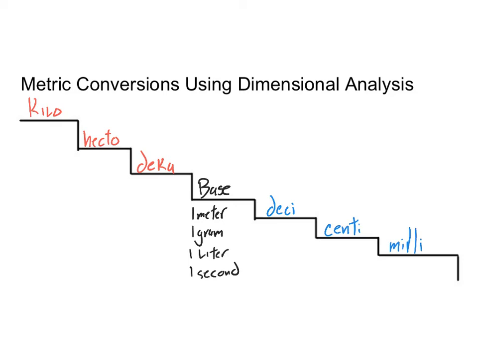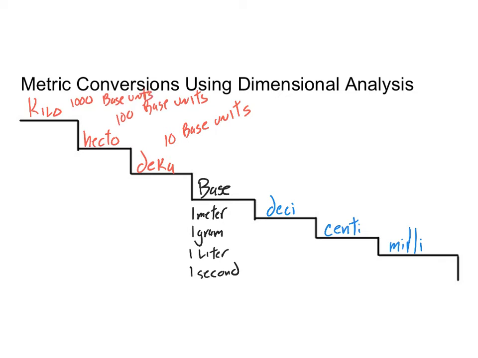Now, the base unit is usually, like I said before, 1 something. It's 1 meter, 1 gram, 1 liter, 1 second. The deca really means 10 base units. So 1 deca is equal to 10 base units. Hecto means 100 base units. And kilo means 1,000 base units.